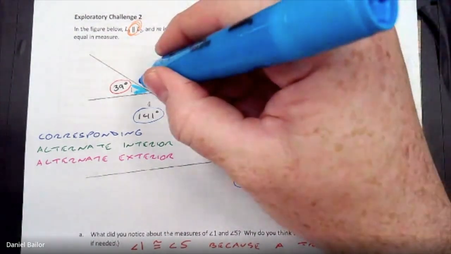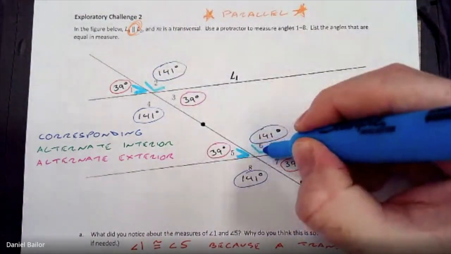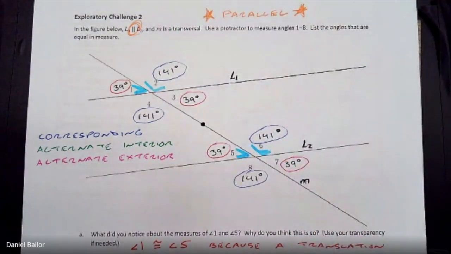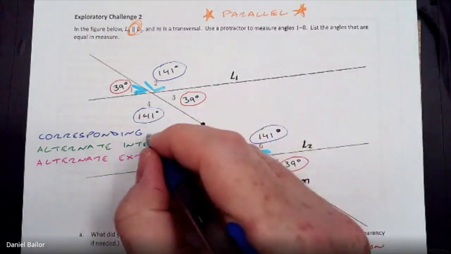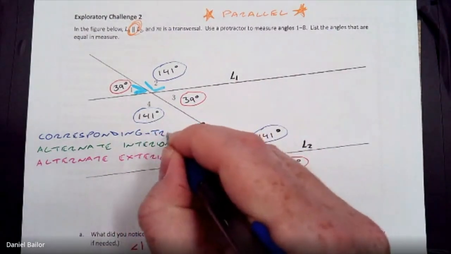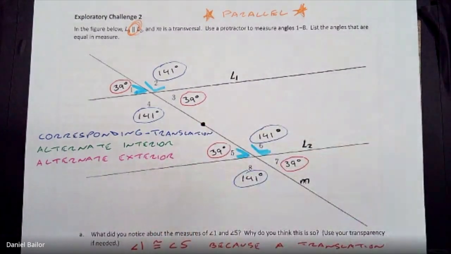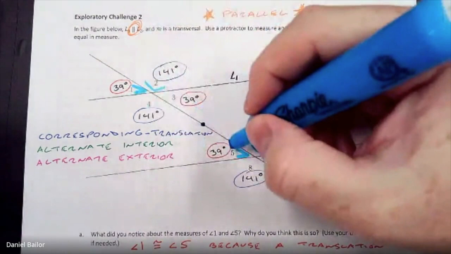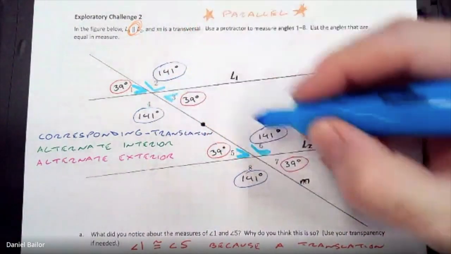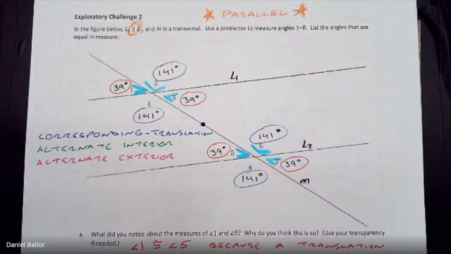Just like 2 and 6 are corresponding angles, we make them with translations. That's what we did with 1 and 5. That's what we did with 3 and 7.